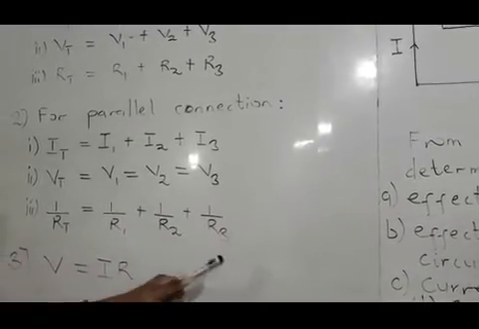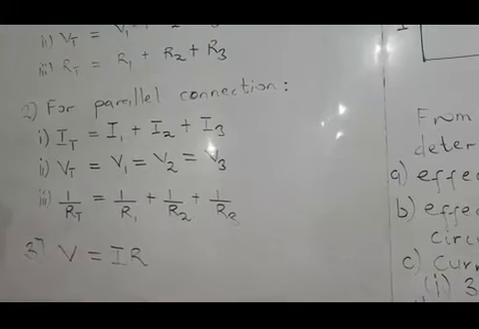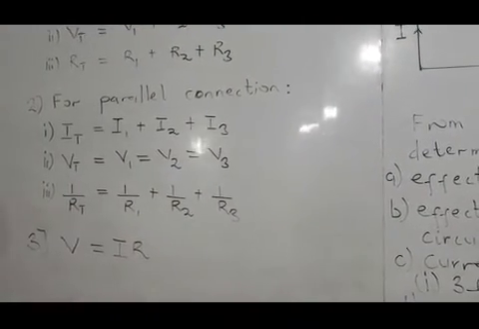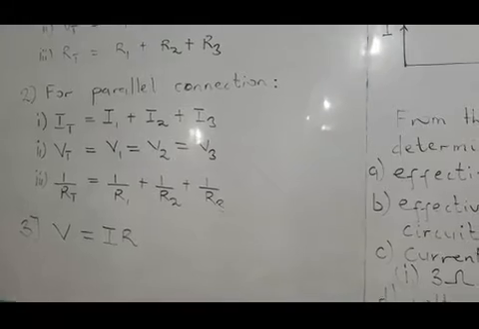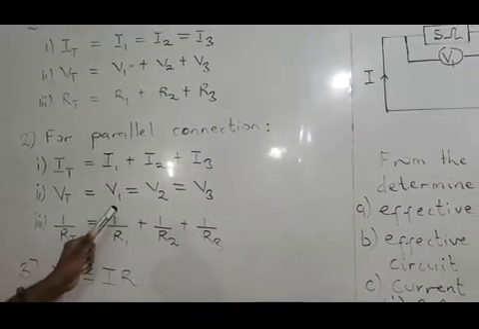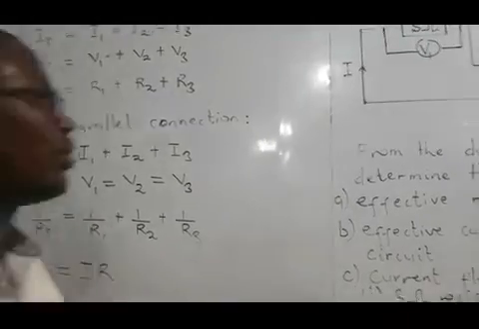That is when we have 3 resistors in parallel. But here we have 2 resistors in parallel, R2 and R3, and we represent their total resistance as RP. So 1 over RP is equal to 1 over R2 plus 1 over R3.